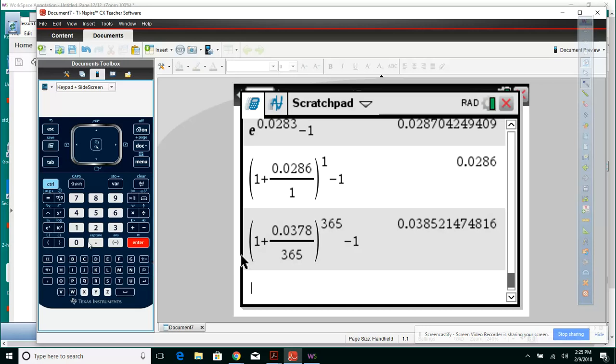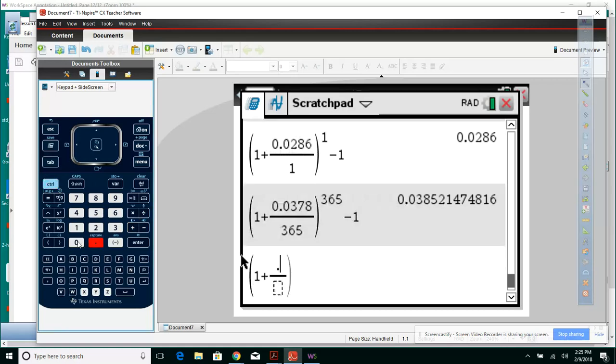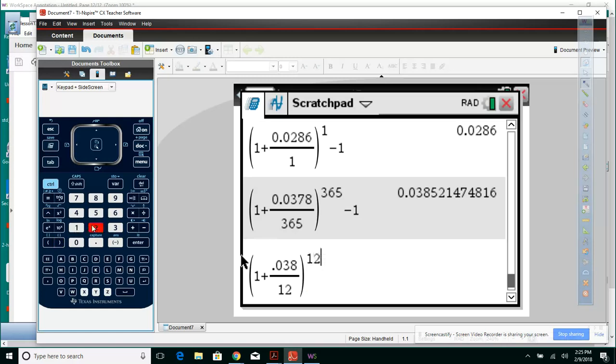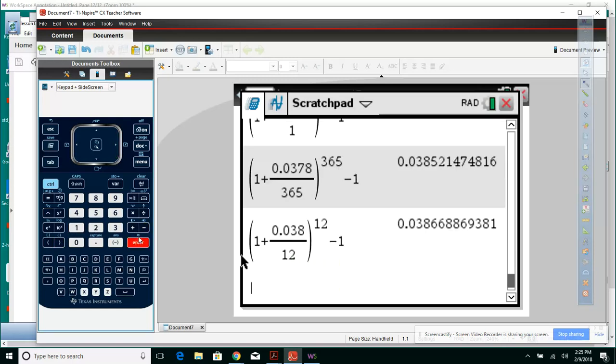So let's do that. Open parentheses, 1 plus control divide 0.038 over 12, close parentheses, caret 12, and then minus 1.